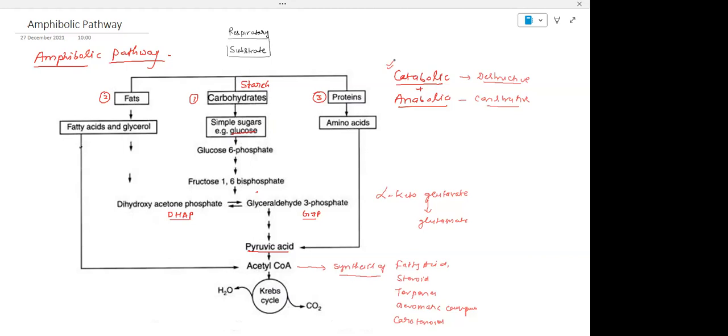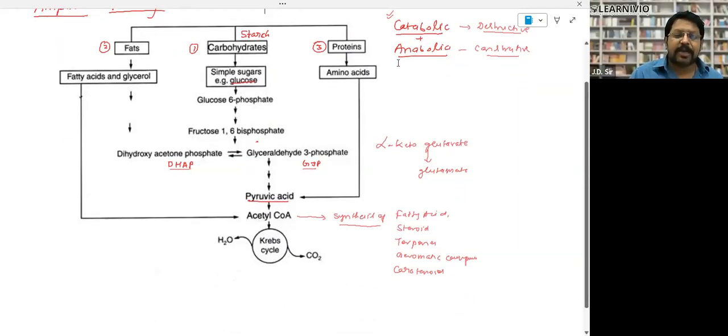Look, yes, we do agree that in Krebs cycle everything breaks down, or in respiration everything breaks down. But acetyl coenzyme A is the intermediary product of Krebs cycle. Yes or not? Yeah, it's an intermediary product. This acetyl coenzyme A is utilized in the synthesis of fatty acid, steroid, terpene, aromatic compound, and carotenoid in plants.